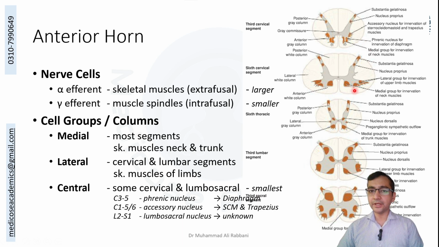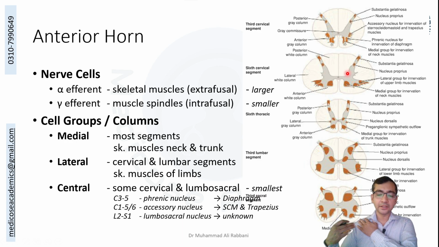Third is the central or the intermediate group. These are not very regular segments, and they do not supply a very defined group of muscles. For each segment, they may be supplying a specialized group of muscles. For example, at the very start, C1, C2, C3, C4, C5, that intermediate group is supplying the trapezius and sternocleidomastoid muscles, giving rise to the spinal part of the accessory nerve.